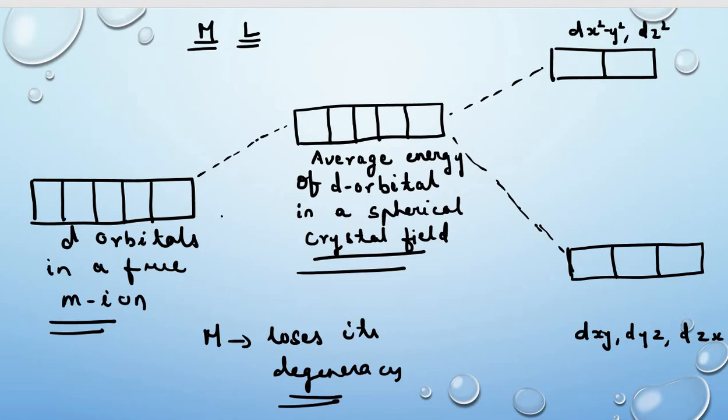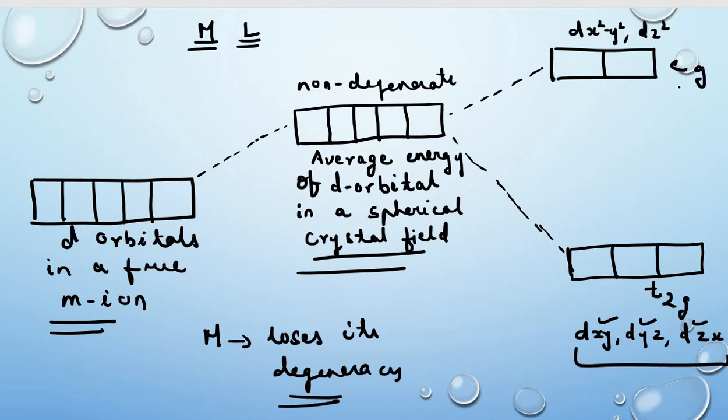These degenerate orbitals have now become non-degenerate, that is, they no longer have the same energy. These three have the same energy, 1, 2, 3, threefold, and we call it triply degenerate. And in this case 2 are there, and we call it doubly degenerate.